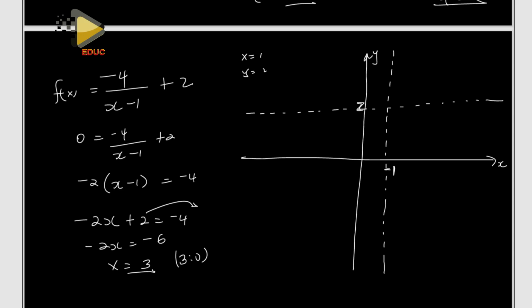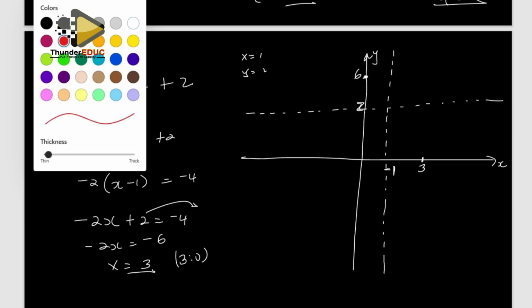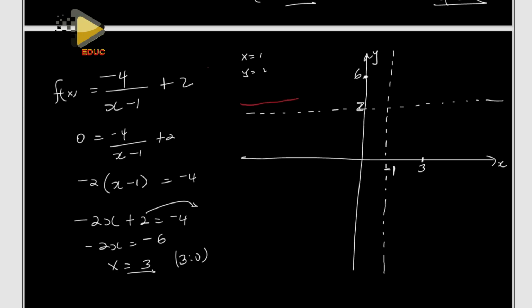Okay, so having done that, the intercepts, we said the graph must pass through 3. So if this is our point 3, the y-intercept, if x is 0 here, that's going to be 4 plus 2, which is 6. So somewhere there. So just sketch and join.